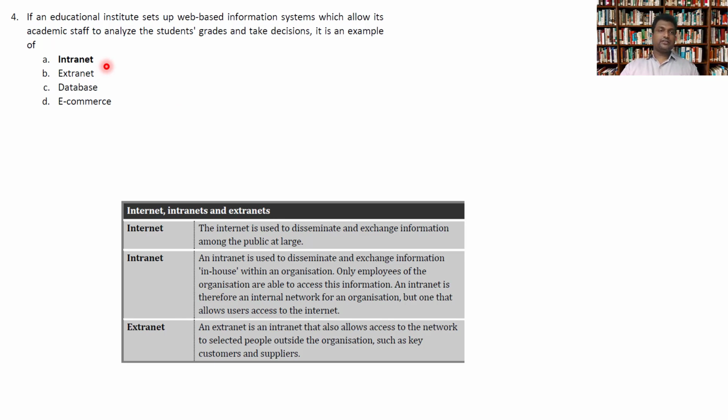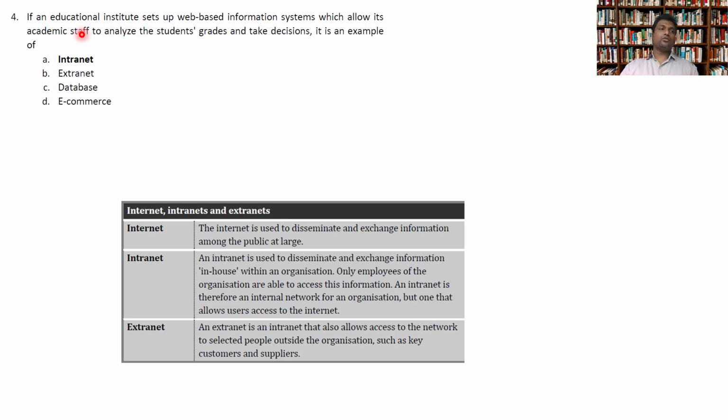So we even discussed in the third question, this is a task or a facility available for internal staff members, and analyzing marks and this sensitive information, mostly you do it inside the organization. You will not give access from the outside.